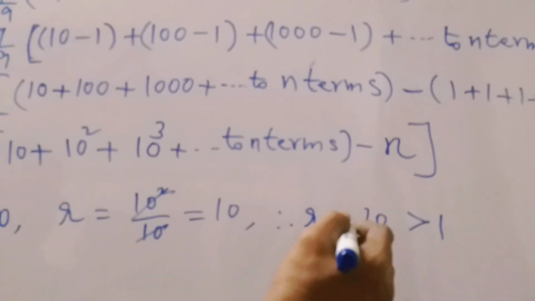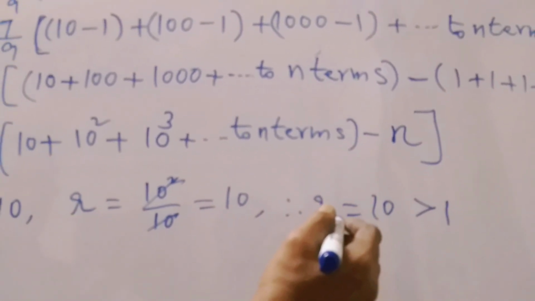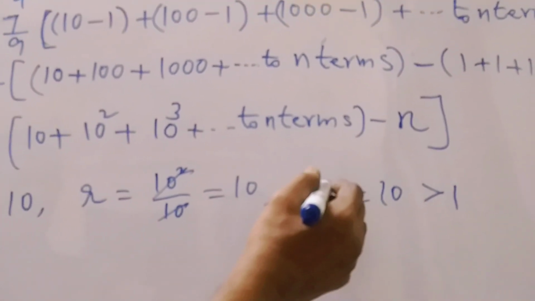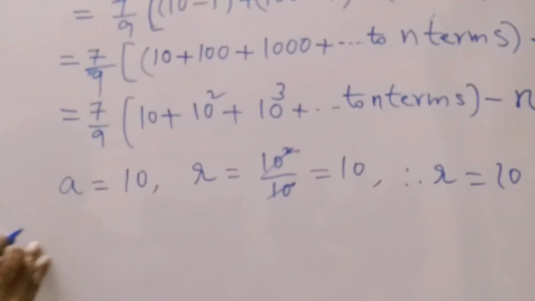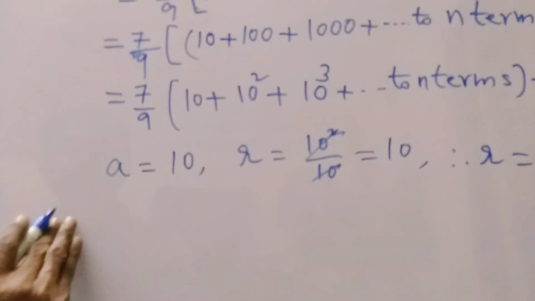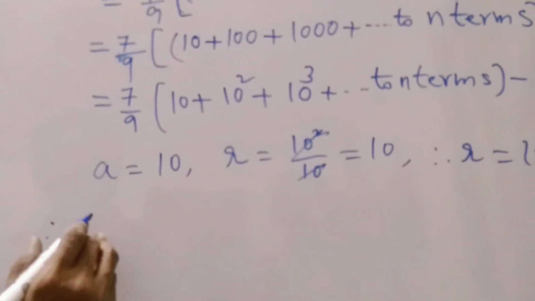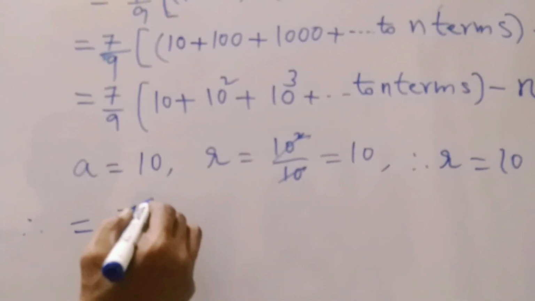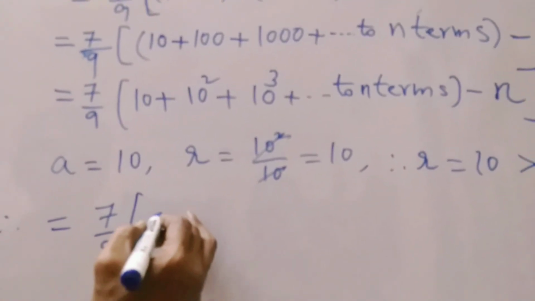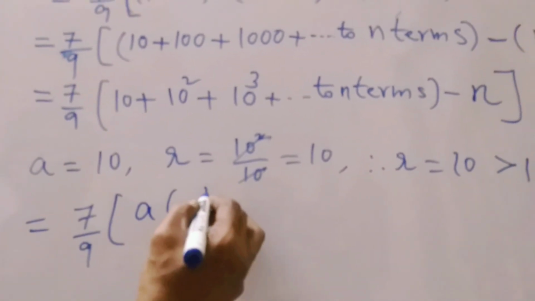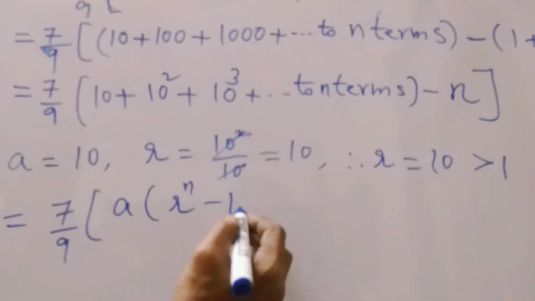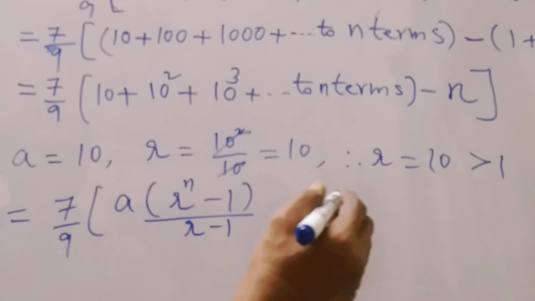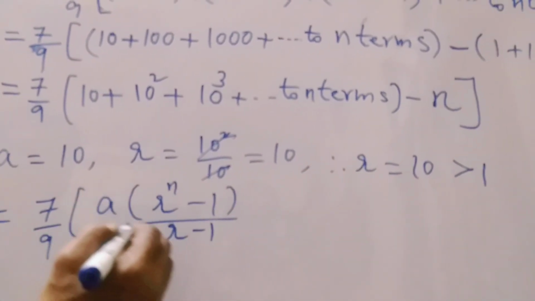So based on this common ratio condition, we have to use the formula for the sum to n terms of a geometric progression. That is equal to 7 by 9 of A of R to the power of n minus 1 by R minus 1, minus n. When the common ratio is greater than 1, this formula is applicable.